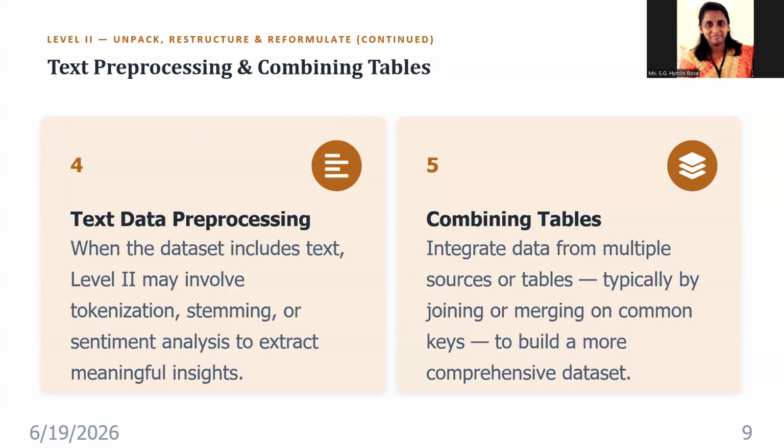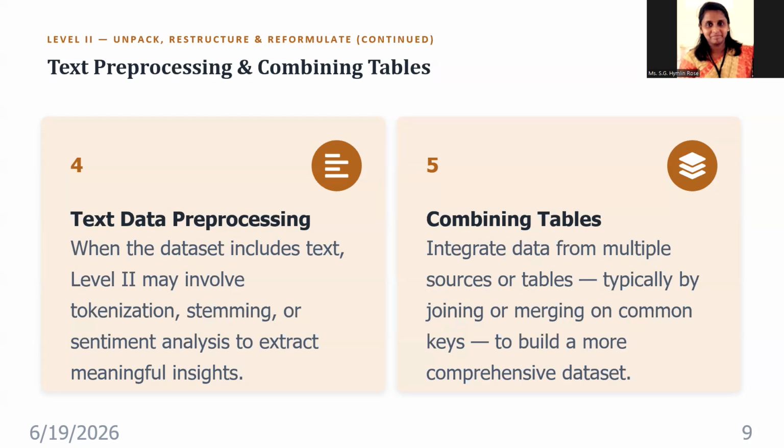Tokenization means splitting text into separate words or meaningful units. Stemming means reducing words to their root form, for example, running to run. Sentiment analysis means determining whether a piece of text expresses a positive, negative, or neutral sentiment.